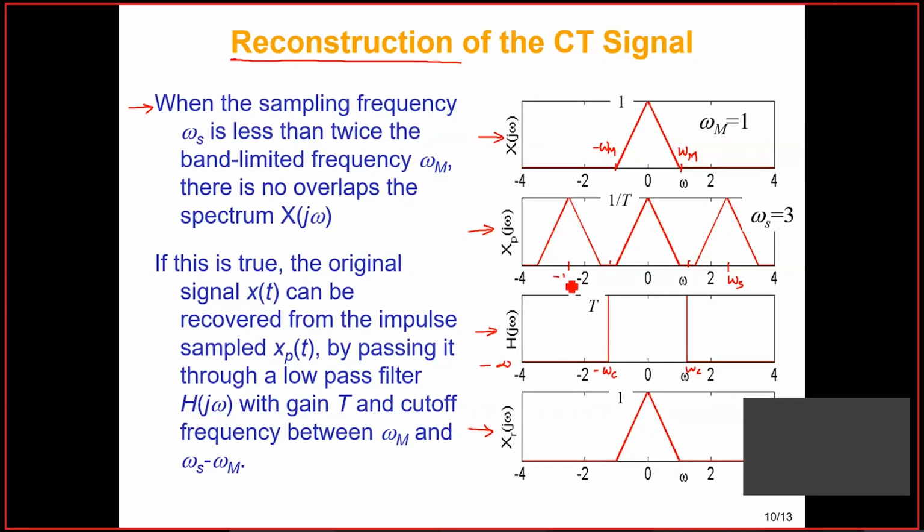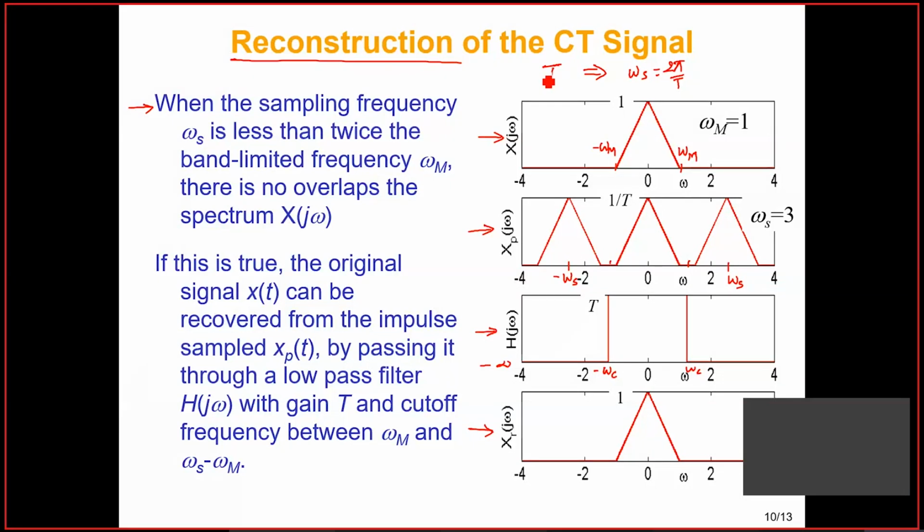So once we do impulse sampling, we should select an appropriate time period such that the sampling frequency, which is 2 pi over T, is quite high. In other words, the time period has to be low enough so that the sampling frequency is high enough, so that once we get copies, these copies do not overlap.